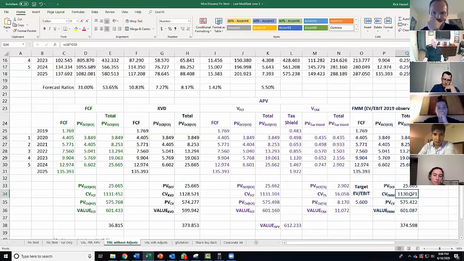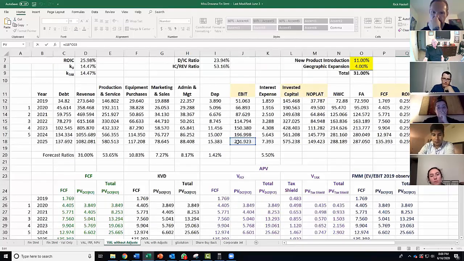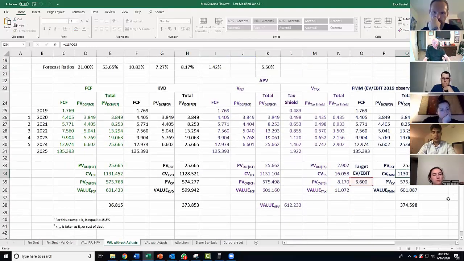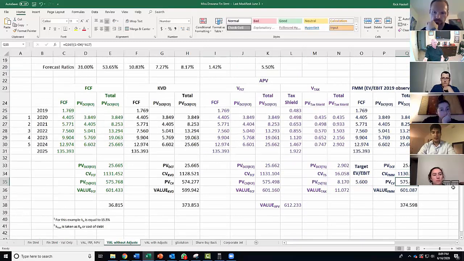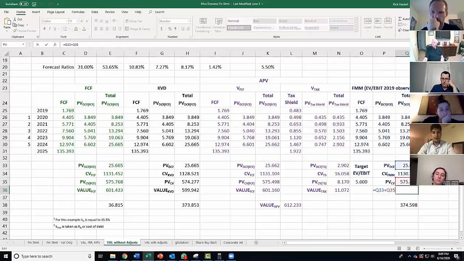But our continuation term is different. And what's our continuation term? It is the multiple that we have somehow identified multiplied by the EBIT for the next period. That gave us continuing value. We then discount it back and add it to the present value of our other discounted cash flows.